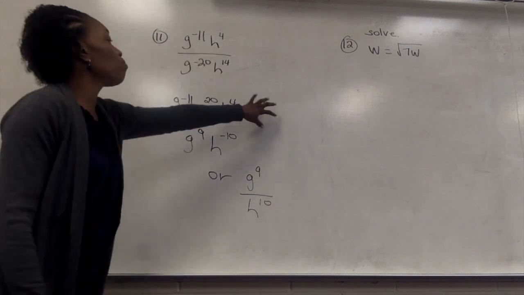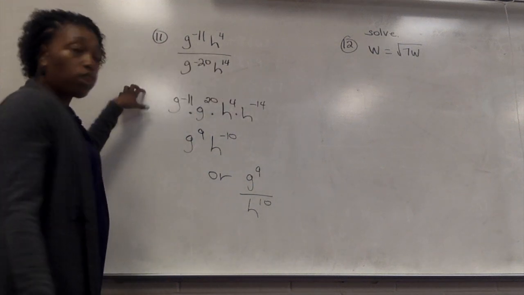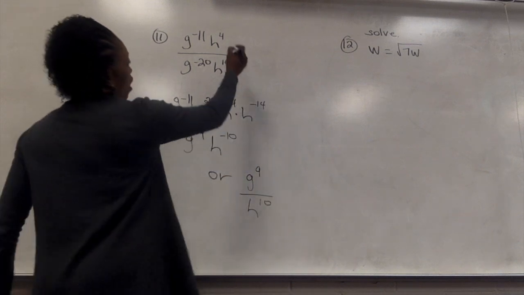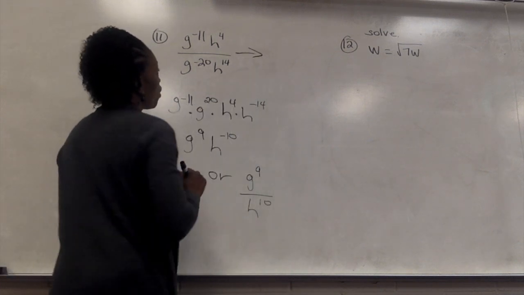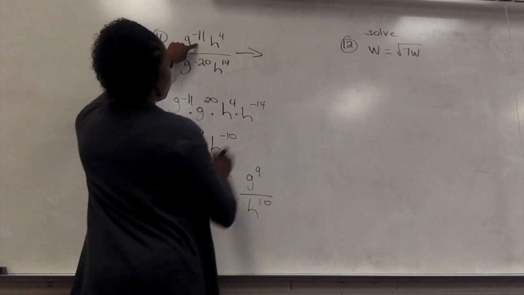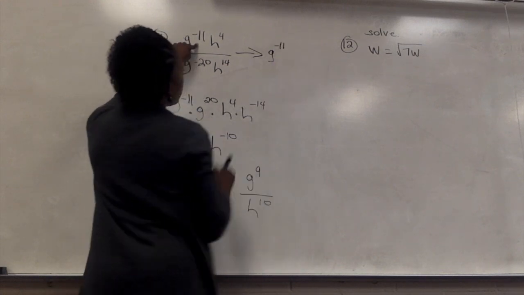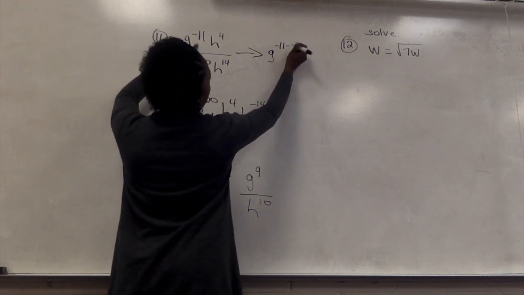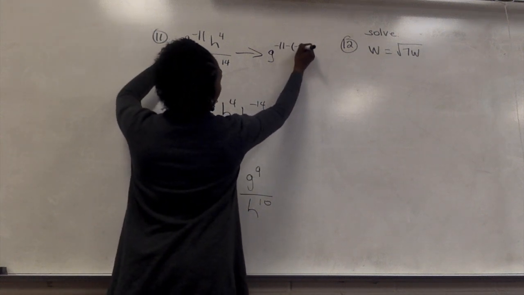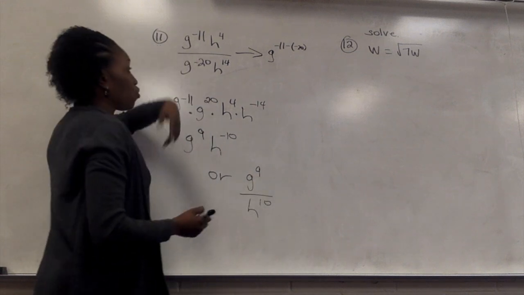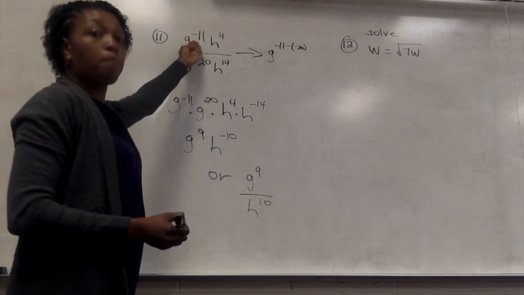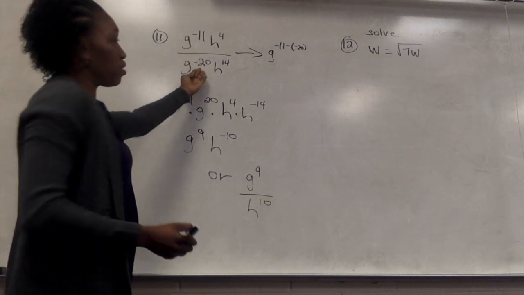Now, let's just look back at this one. What if I did not want to move everything up to my numerator and add? What if I just wanted to subtract? Then what I would do is g to the negative 11 minus negative 20, okay? Because I'm doing my top exponent minus my bottom exponent.